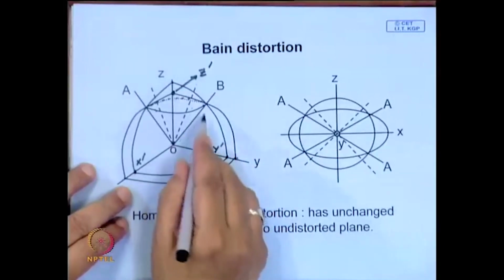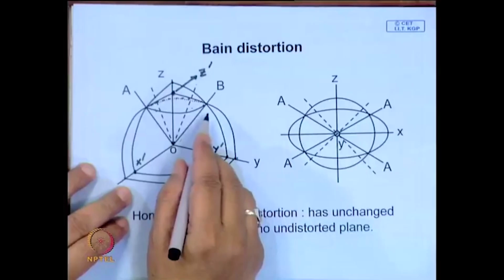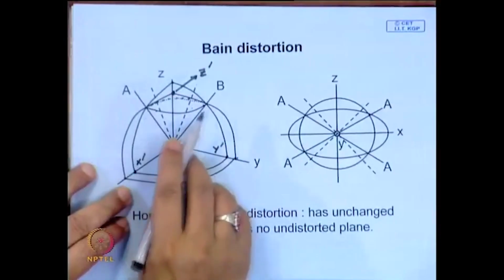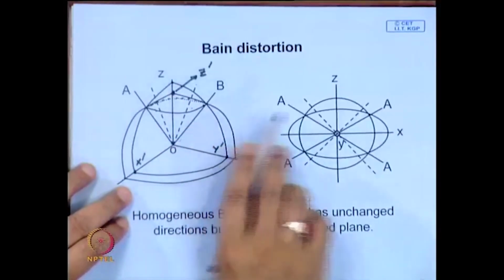But here, whenever a slip process takes place or certain deformation processes take place, certain planes remain unchanged. Like in case of a slip, when a slip is taking place, the slip plane remains undistorted, the lattice around that gets distorted, but the slip plane remains undistorted. Similarly, when twinning takes place, the part above the twin plane gets slightly tilted, so that the top part becomes a mirror image of the bottom part.